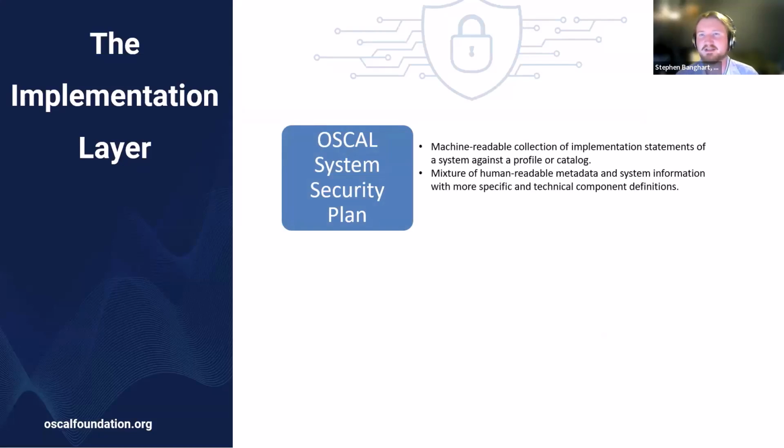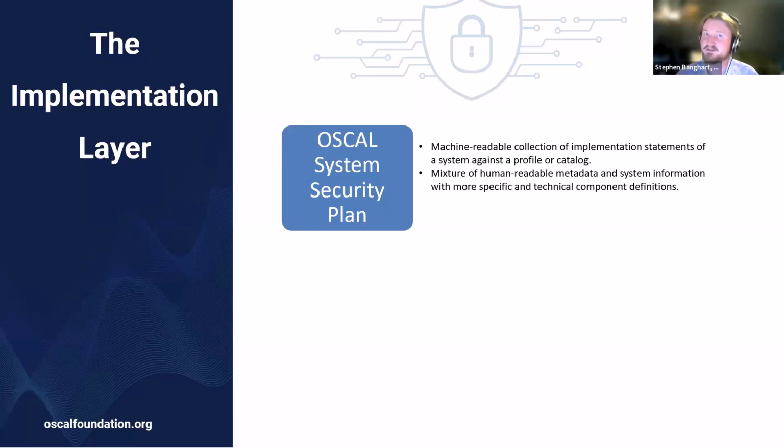System security plans contain a lot of information, and the OSCAL model version of a system security plan contains a lot of information as well. It contains human readable metadata. If you think about the introductory sections of most SSPs, if you're familiar with building one, there tends to be a number of chapters or sections that cover metadata about your information system.